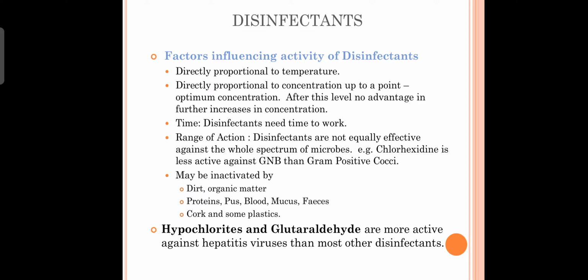So these are the factors that can influence the disinfection process. Next liquid is hypochlorite and glutaraldehyde; these chemicals are more active against the hepatitis virus than most other disinfectants. So compared to other disinfectants, if you use hypochlorite and glutaraldehyde, it is more effective against the hepatitis virus.